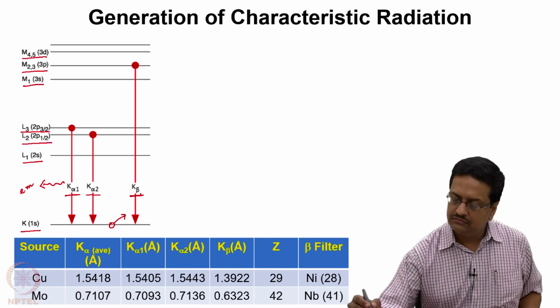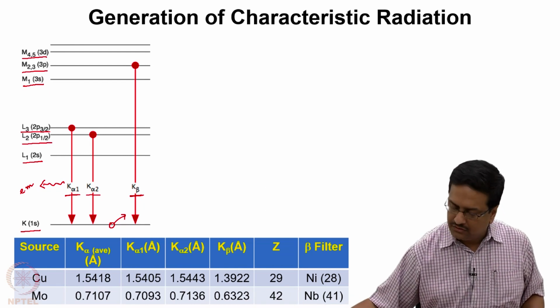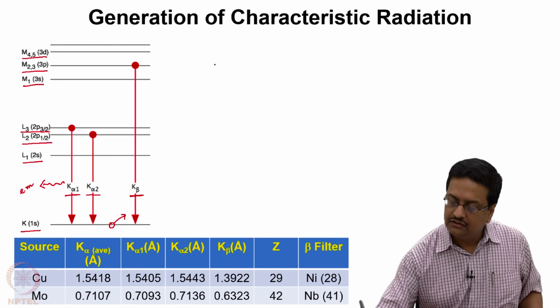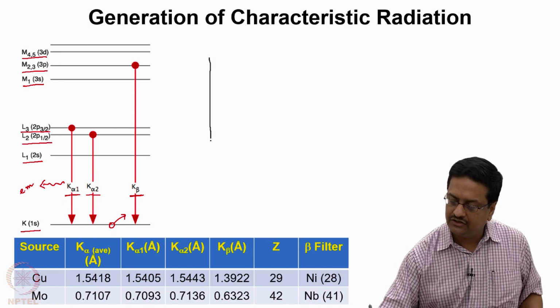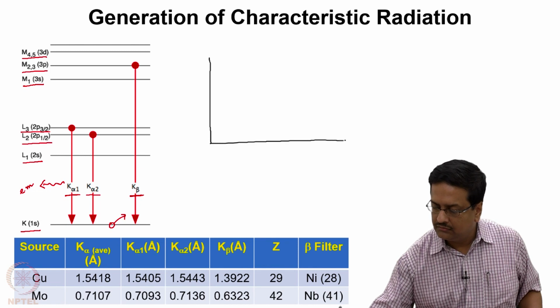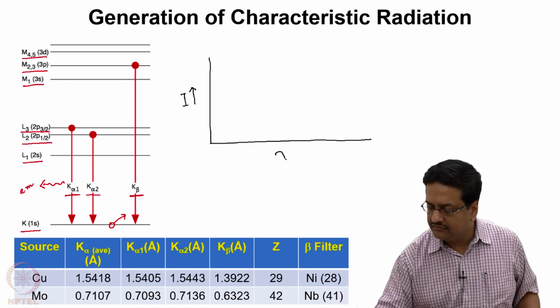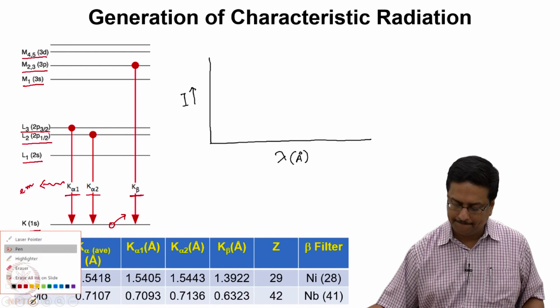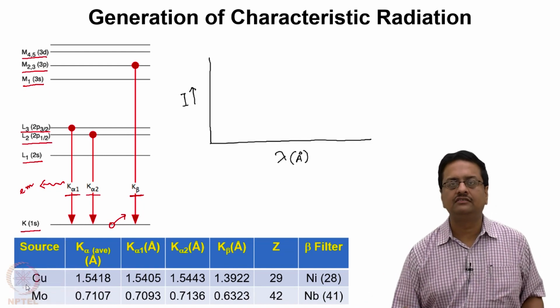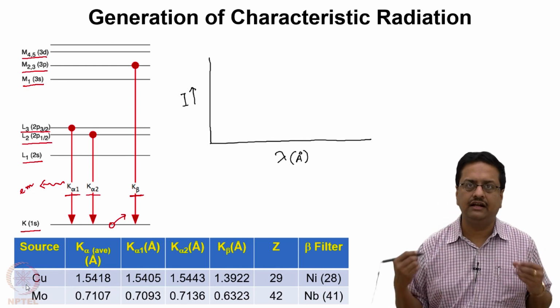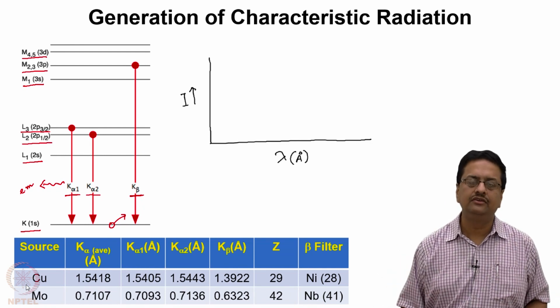So now, if we want to visualize the actual situation when the X-ray is emitted from a given tube, I would like to draw a figure. We are plotting here intensity versus the wavelength of radiation in angstroms. When the electrons are accelerated inside the tube under a very high potential difference, they are running at enormously large velocity towards the anode.